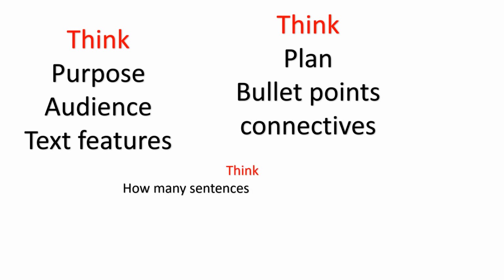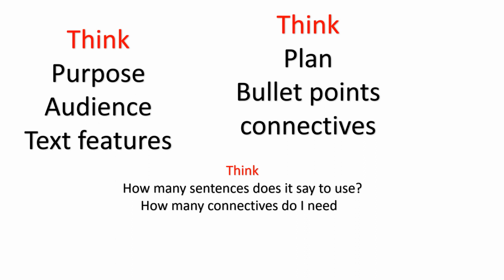And think, how many sentences does it say to use? How many connectives do I need? How many words? Only so that you write enough. We always talk about minimal or at least. So this is to make sure that you can get marks for what you've written.